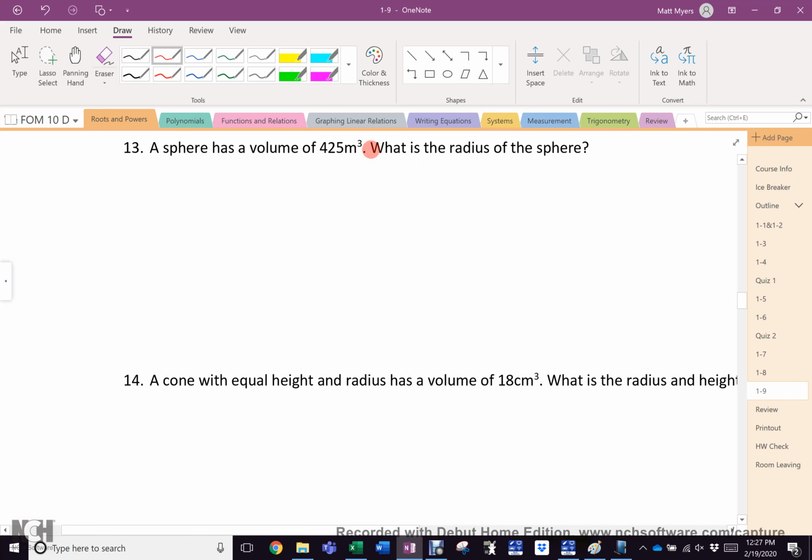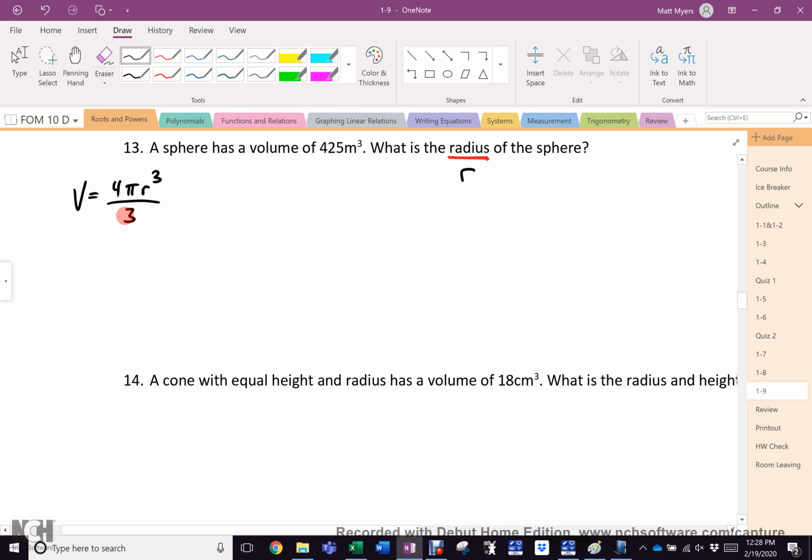So I'm going to give you the formula for the volume of a sphere. I want you to tell me the radius of the sphere, which in the formula is the letter R. Everybody cool? So volume equals 4 pi r cubed divided by 3.